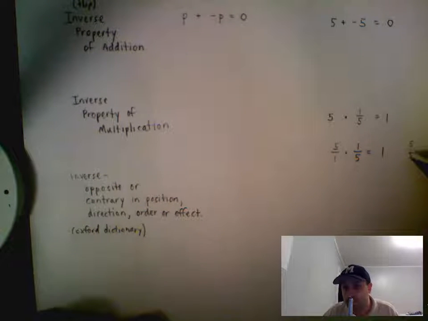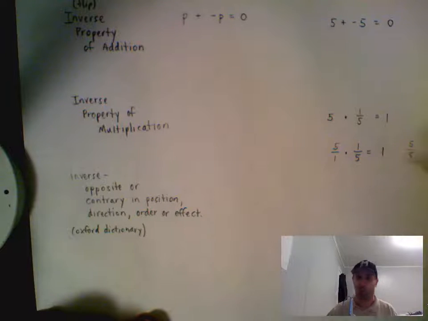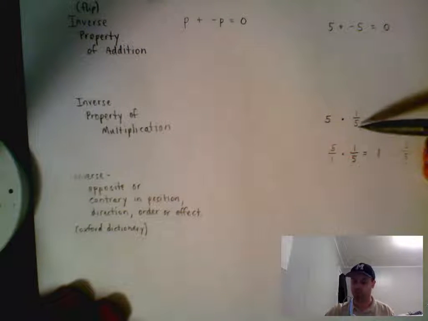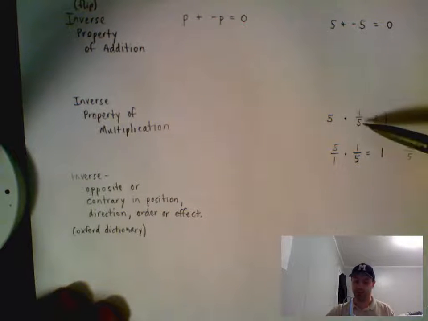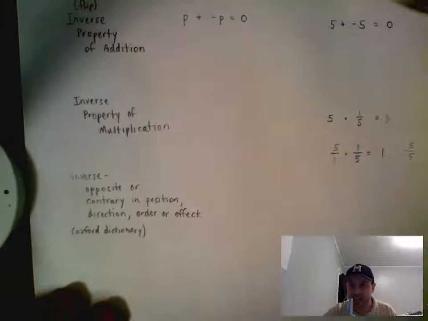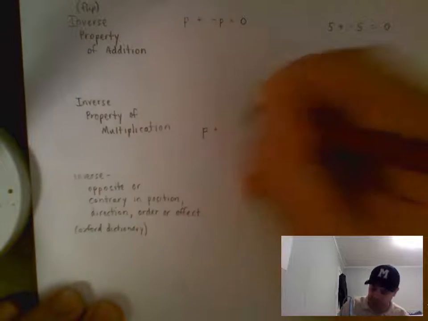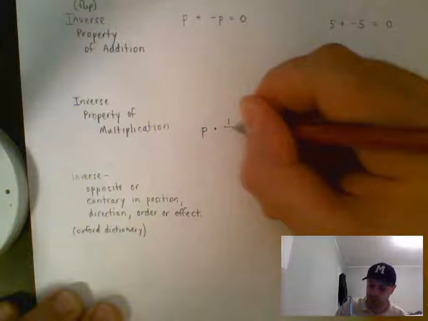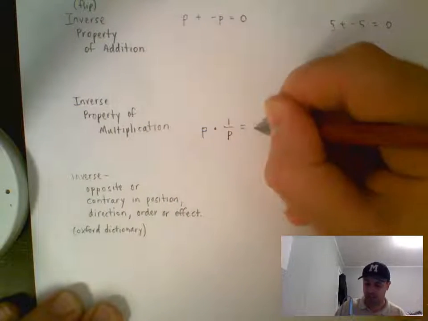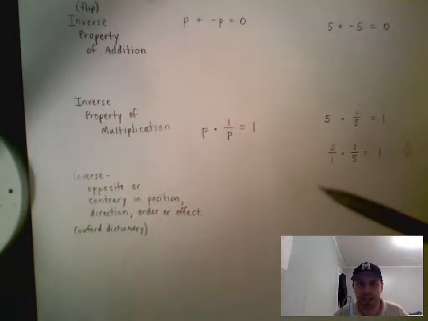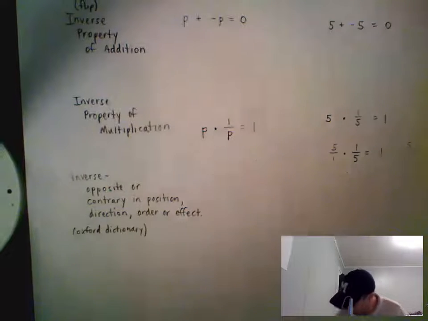And 5 over 5 is the full amount of fifths, so 5/5 is 1. So the inverse of 5 is 1/5 when we're dealing with multiplication, but when we're dealing with addition, the inverse of 5 is negative 5. Now if we had P, it'd be P times 1 over P is equal to 1. So that's the inverse property of multiplication and the inverse property of addition.